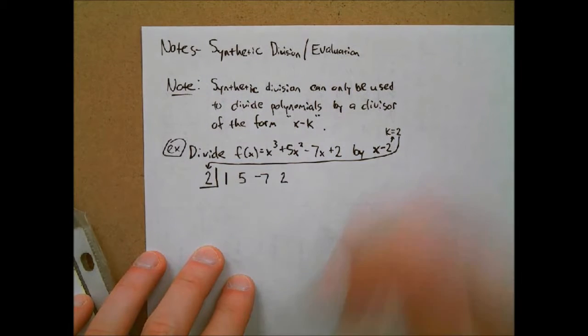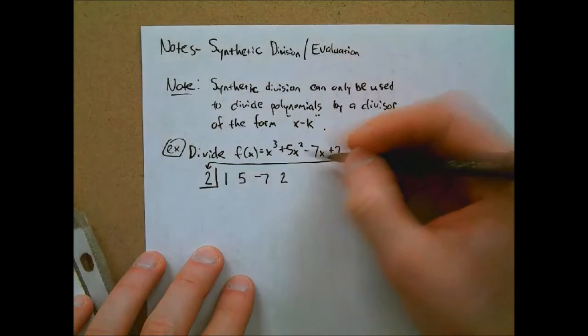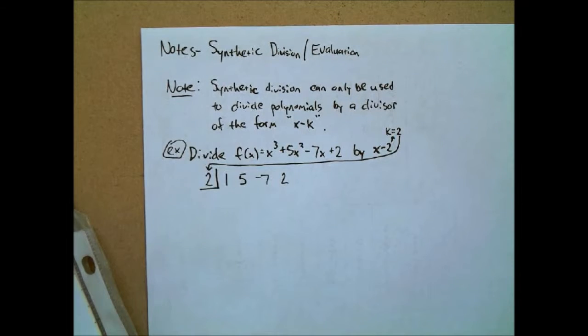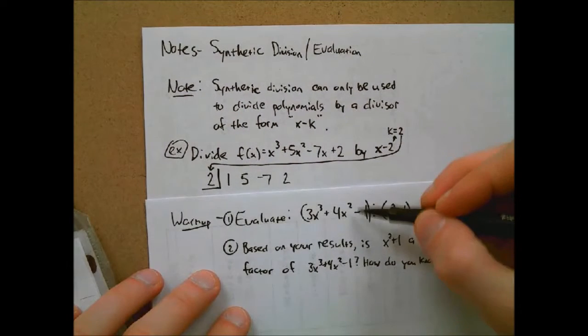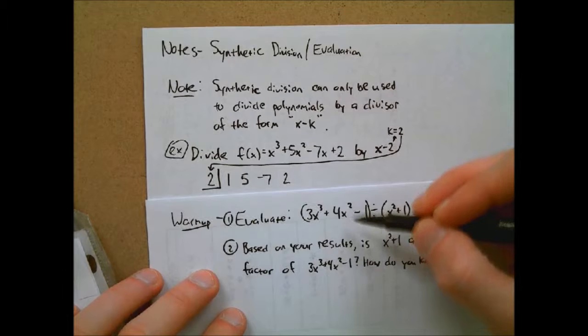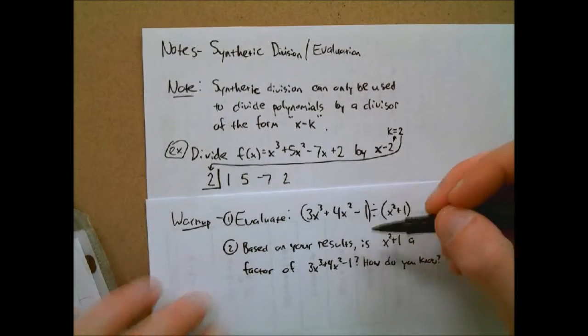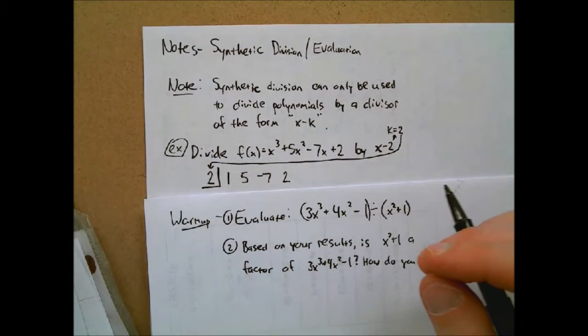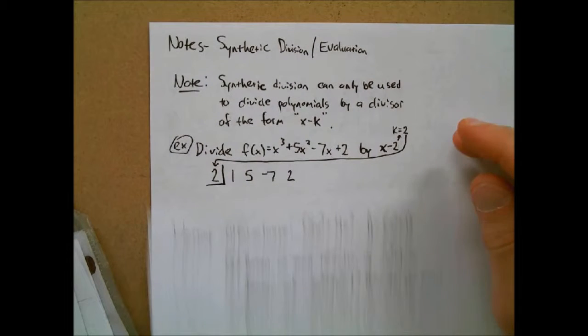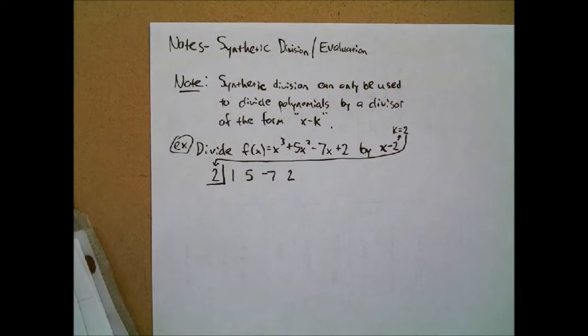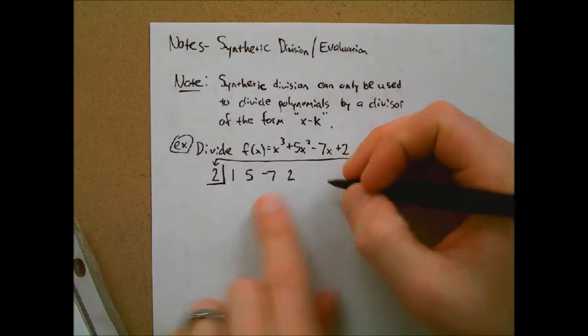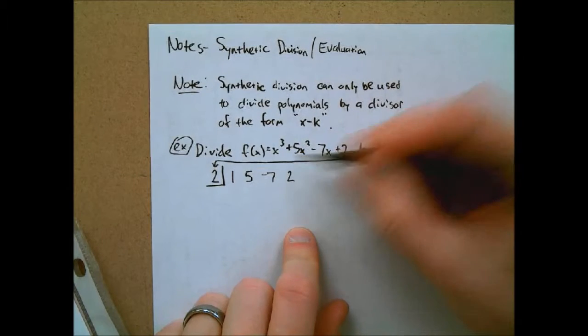If you are missing an intermediate term, like in our warm-up here, we were missing the x term in this polynomial. What did we have to do for the x term when we wrote it in the long division? We had to put a 0x in, a placeholder, right? Same is true here. If you are going to do synthetic division, and you are missing a term in between, you need to put 0, okay?